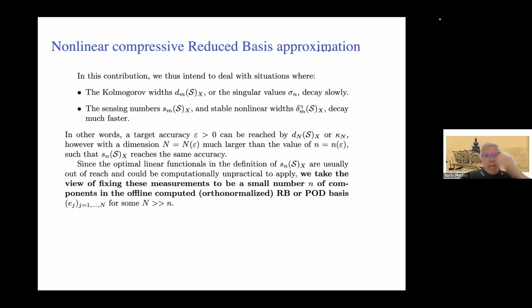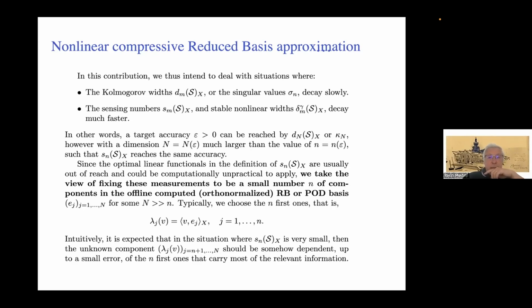In order to proceed and to be computable, what we propose to do is to use the linear functionals that are the first few coefficients in a classical reduced or POD basis, and then recompose the other coefficients of the reduced basis from the first ones. So we evaluate with a reduced basis E_j, from j equal to 1 to capital N, with N quite large because, due to the Kolmogorov width, we need a large number of these functions to approximate the function u well.